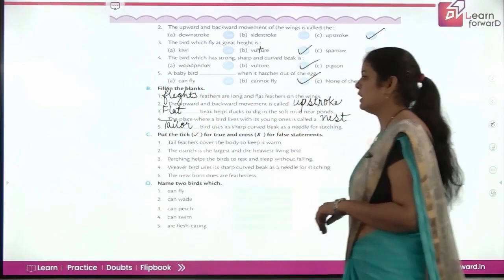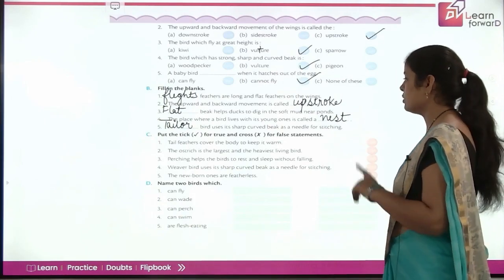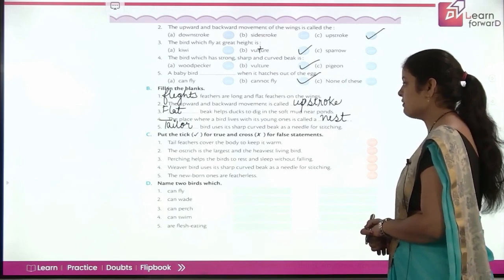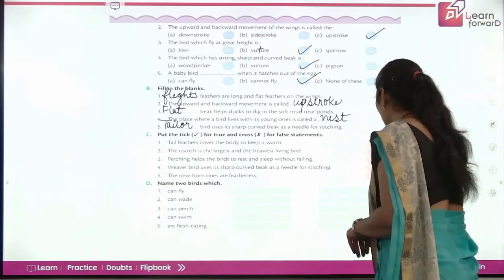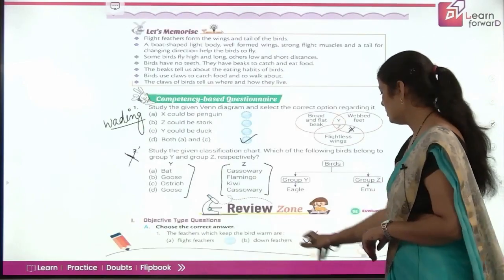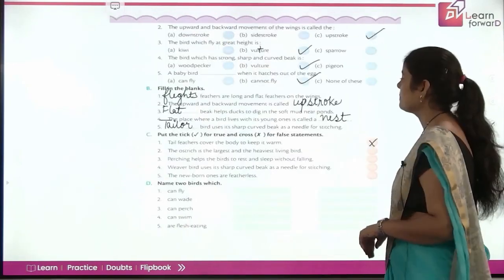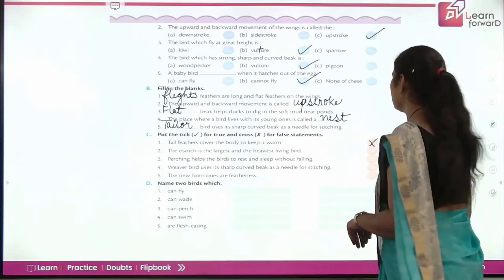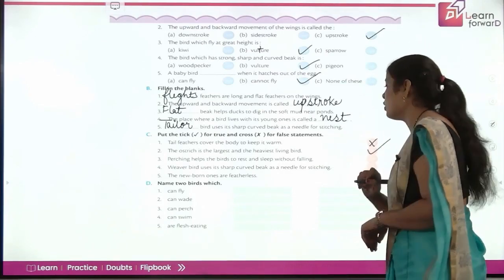Now put the tick for correct statement and cross for a false one. Tail feathers cover the body to keep it warm. Wrong. Which one? The down feathers. The ostrich is the largest and heaviest living bird. Yes, it is the largest and heaviest living bird that cannot fly.